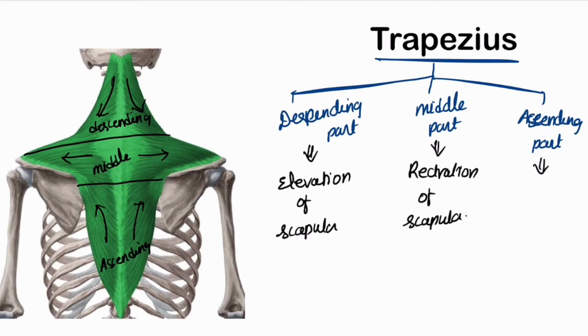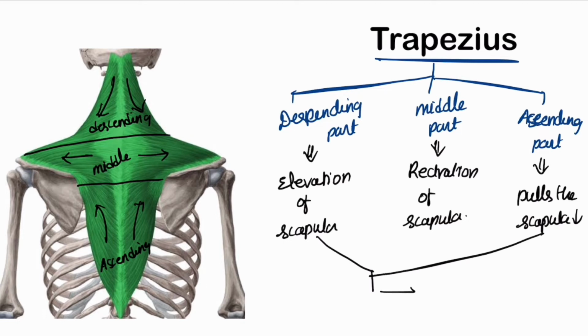The ascending part pulls the scapula down, and if both the ascending and descending parts work together, then they rotate the scapula superiorly. That's all about the function of the trapezius.